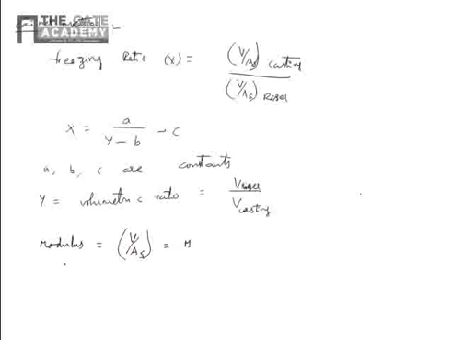By substituting that, you will get design values. So this is what you need to calculate: X equals M of casting divided by M of riser.